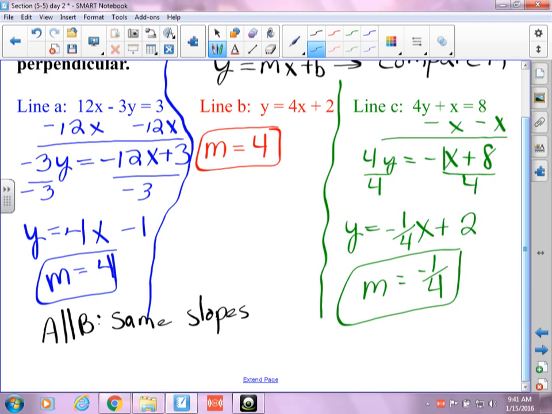Yeah, if I say A is parallel to B, I don't have to say B is parallel to A. Okay? What about line B and line C? Are they parallel? No. Are they perpendicular? Yes, they are. So B is perpendicular to C, and we'll go slopes.